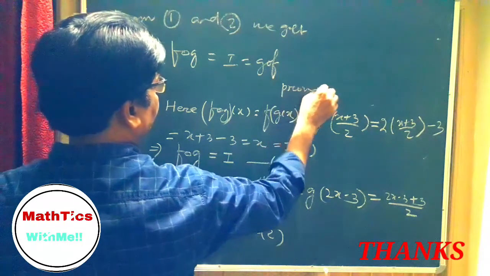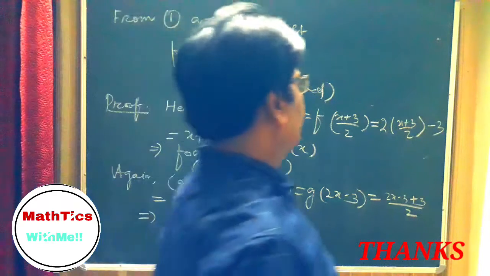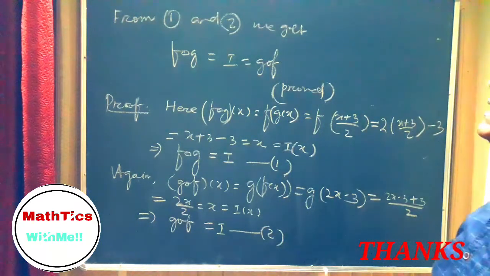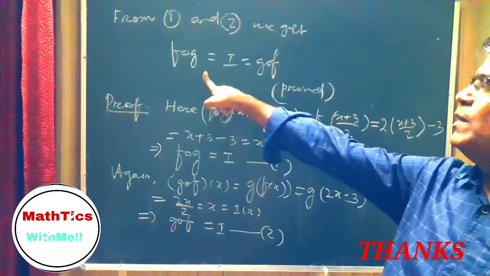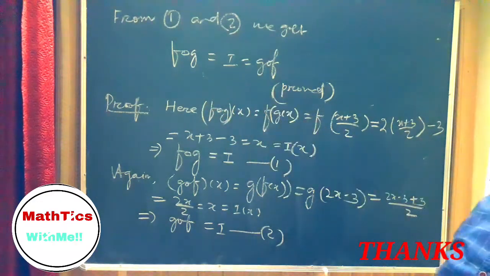Proved. So here, for the identity function, we are getting the composition f o g equal to I and the composition g o f is also I.